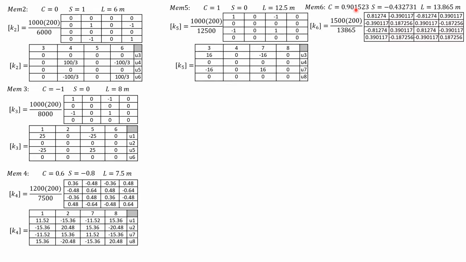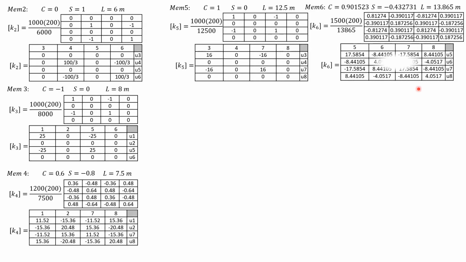The product CS is negative 0.390117. The negatives of these two values here. Then S squared, the square of negative 0.42731. Then copy the negatives here. Then copy, copy. So K6 is equal to this.